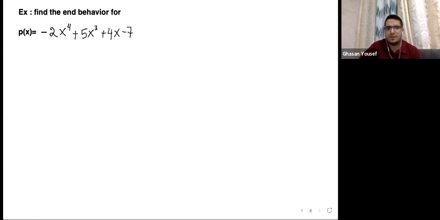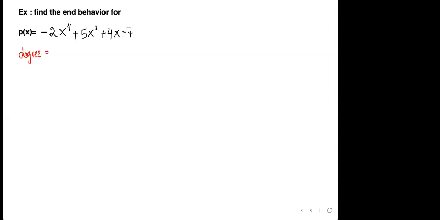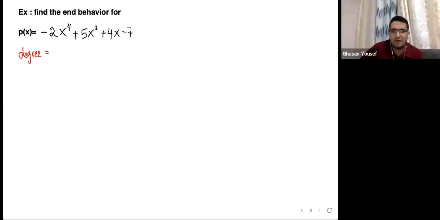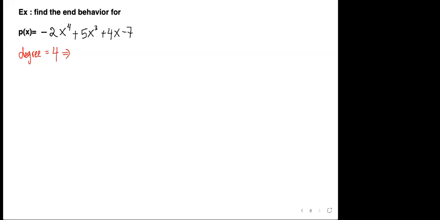Okay. First of all, what is the degree? 4. The highest exponent: we have 4, we have 3, we have 1, so the highest one is 4. So the degree is 4. Is it even or odd? Even.